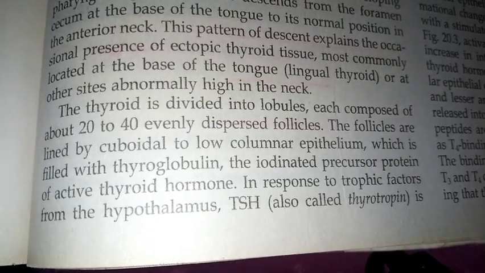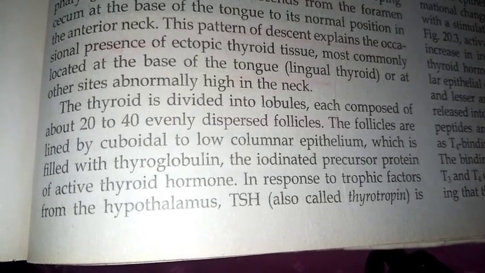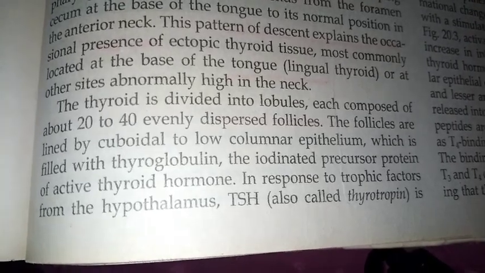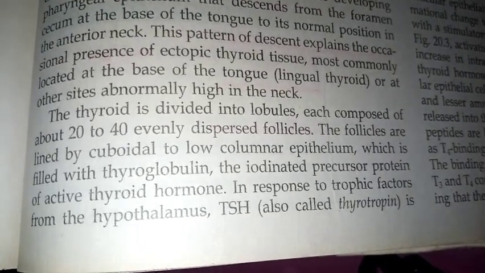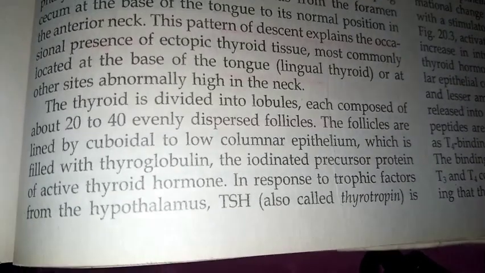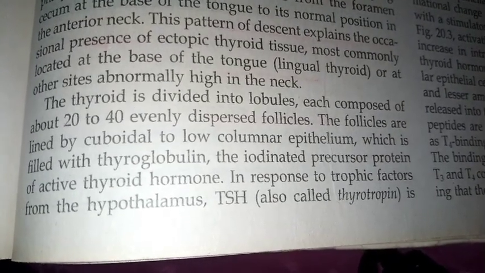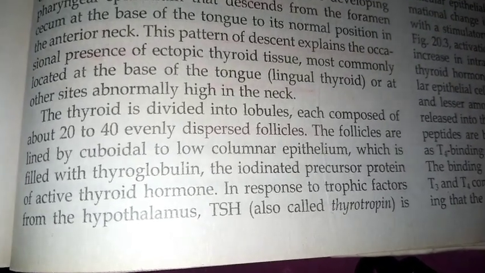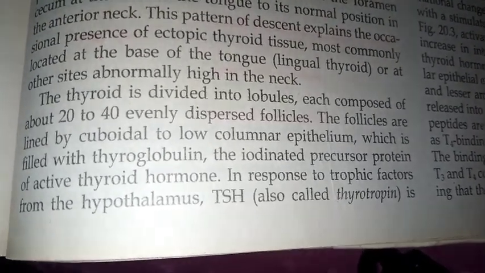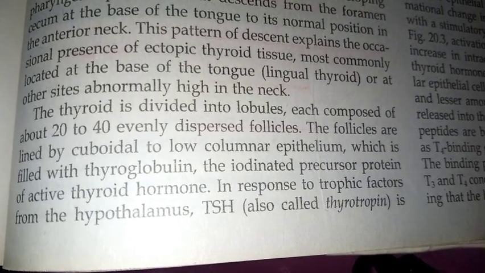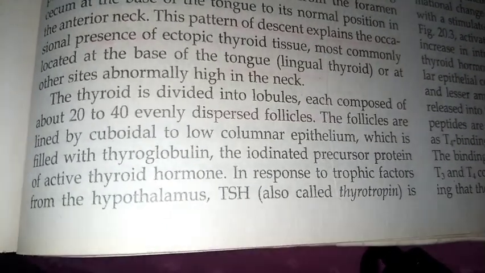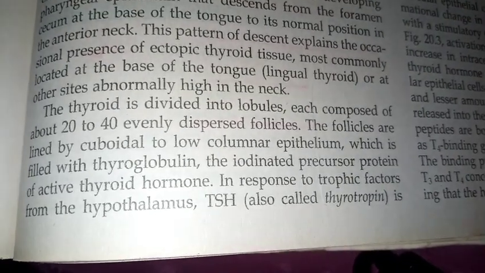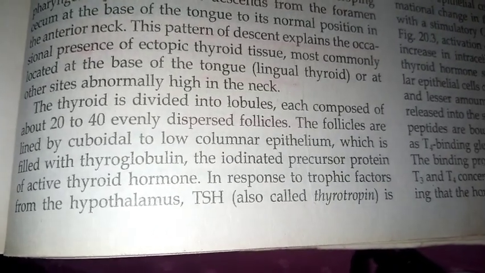The follicles are lined by cuboidal to low columnar epithelium, which is filled by thyroglobulin, the iodinated precursor protein of the active thyroid hormone, in response to the trophic factors from the hypothalamus.